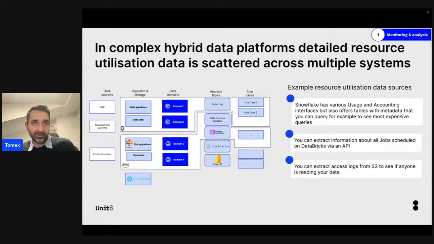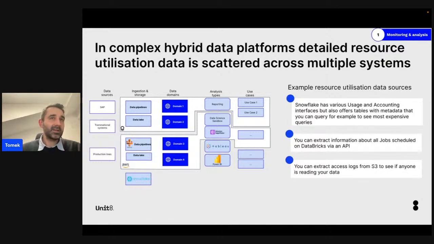So to give you a couple of examples, Snowflake has various usage and accounting interfaces, but also offers a very nice series of tables with metadata that you can query directly to, for example, list the most expensive queries that have been run in the last month on the platform. And then you can do some analysis on that data if your platform is big enough and your Snowflake bills are large, and find some interesting patterns and maybe drive some cost reduction based on that data.